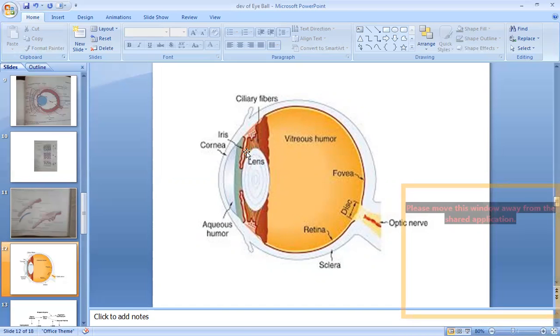These are the interior parts of the retina, this is the iris and this is the ciliary body. In front of that is the aqueous humor. This is the cornea. This is almost the final shape. And the outermost is the sclera, which is in continuation posteriorly with the dura of the optic nerve.